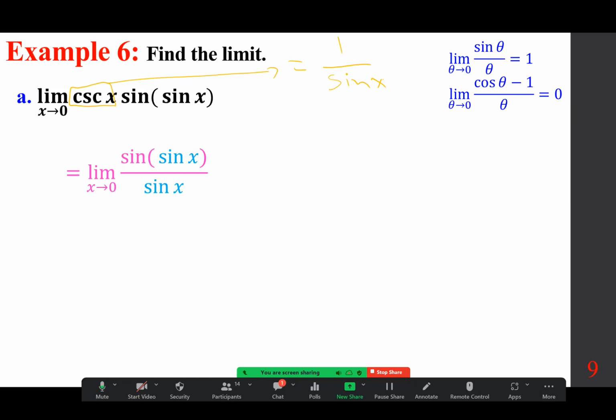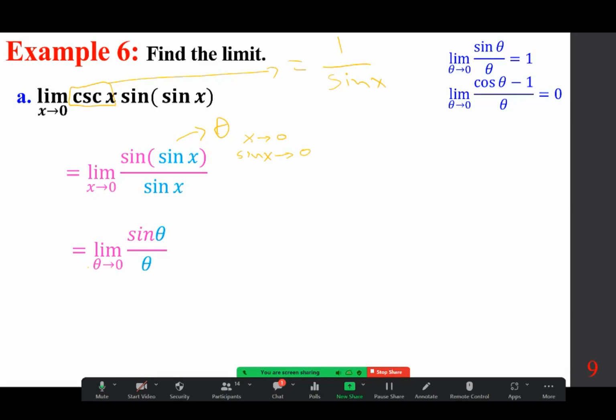So what you're looking at here is that if you let sine x be theta, you can replace this as theta, you can replace this as theta, and you can replace this as theta also. Why is that? Because when x goes to 0, also sine x goes to 0.